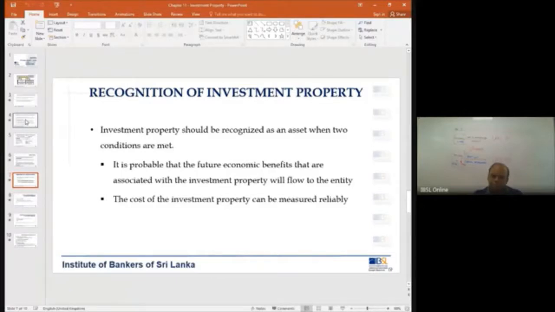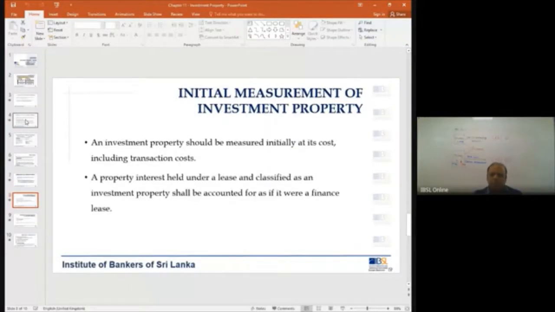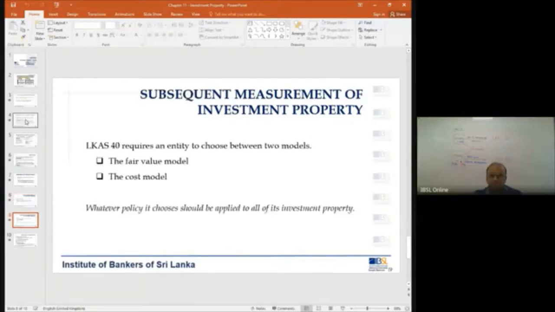Then secondly, the cost of the investment property can be measured reliably. Then initial measurement, as you know, it will be at cost plus any transaction costs. Then subsequent measurement is the one that we were dealing with, whether you use the fair value model or the cost model.